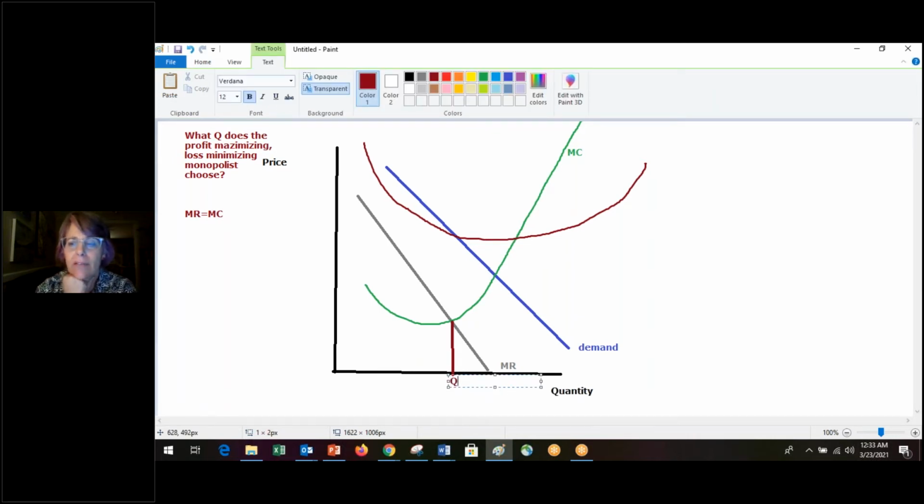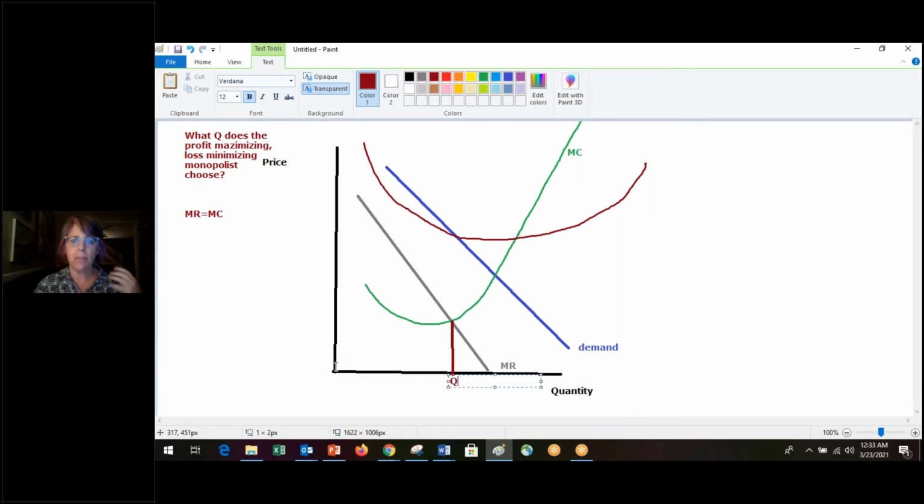Now, what's different is the price that we're going to charge. In perfect competition, we just saw that, and then we went straight over here to find the price. We're not going to do that. For a monopolist, what determines the price is what the market will bear. Another way to say that is what the demand reveals.